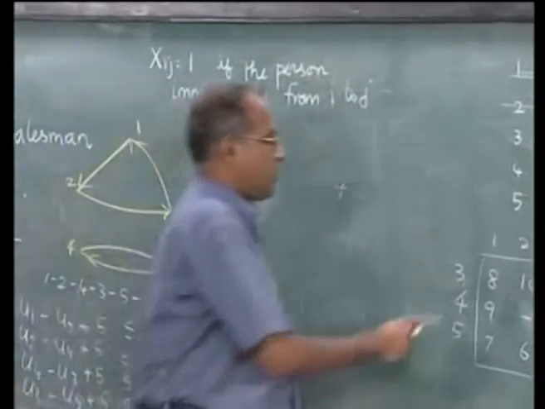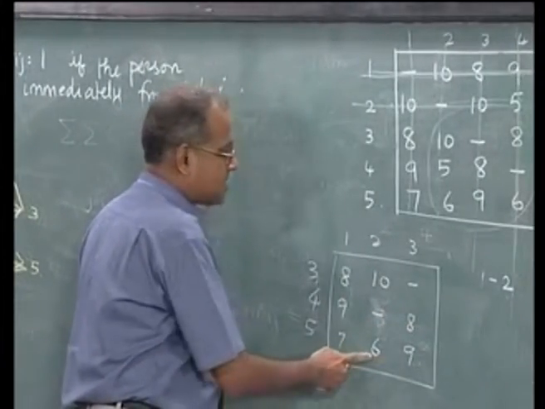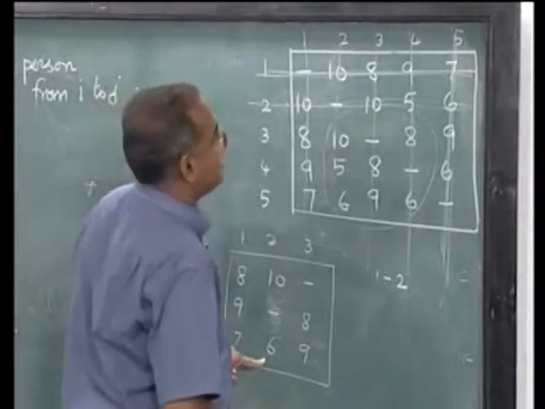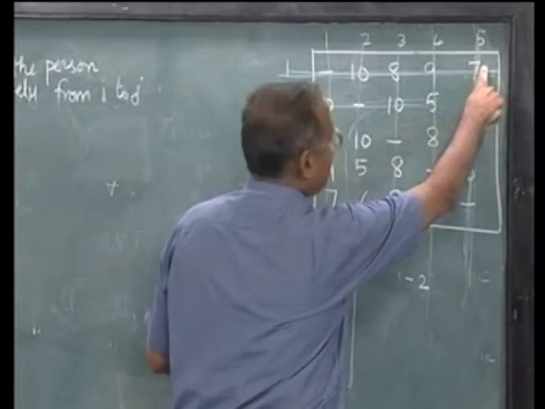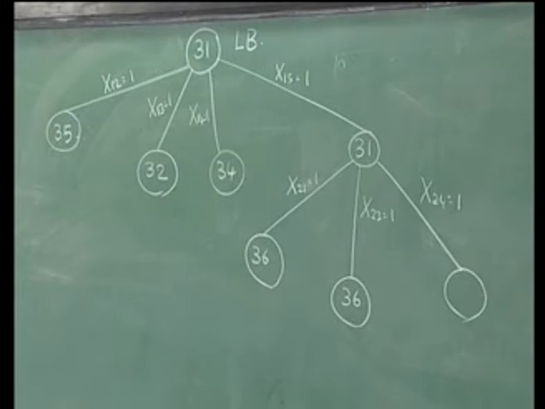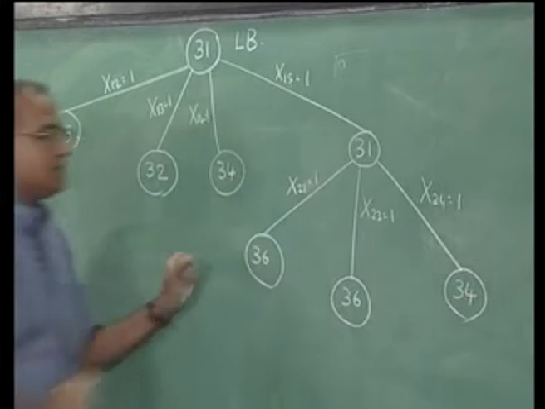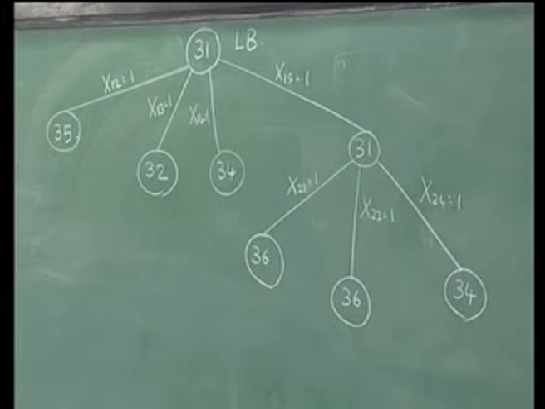So, the row minimum would give us 8 plus 8 16 plus 6 22, 22 plus 1 to 5 is 7 29 plus 2 to 5 is 34. So, I get 34 here. So, now I have evaluated up to this.